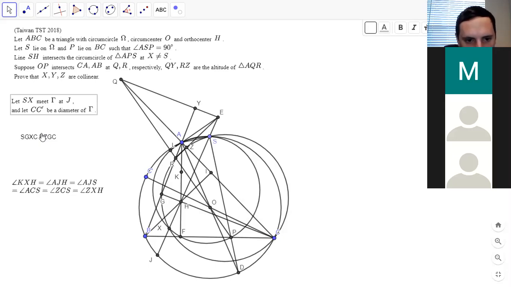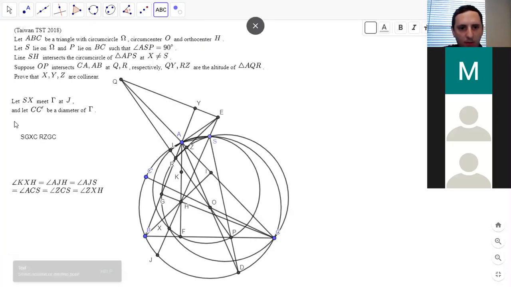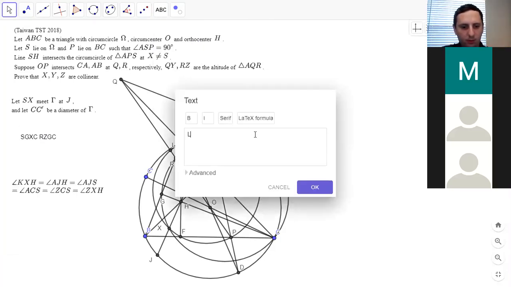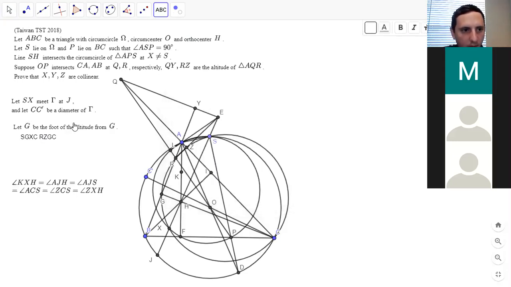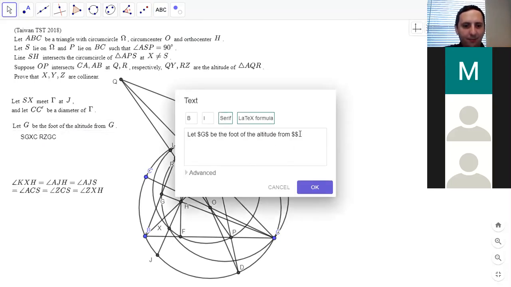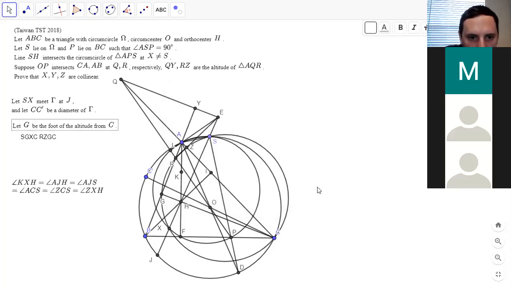So first we have angle RGC. Is G in the question? Let G be the foot of the altitude from C. So we have angle RGC equals RZC equals 90.